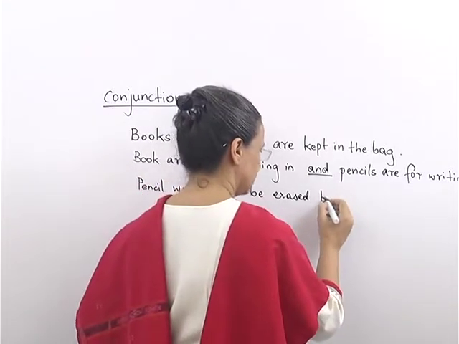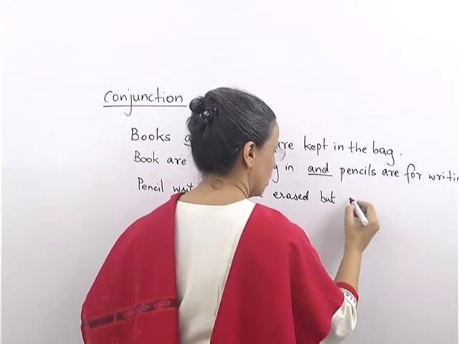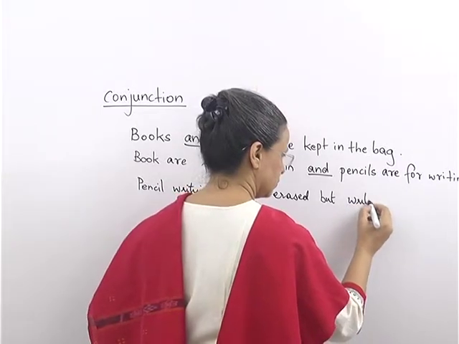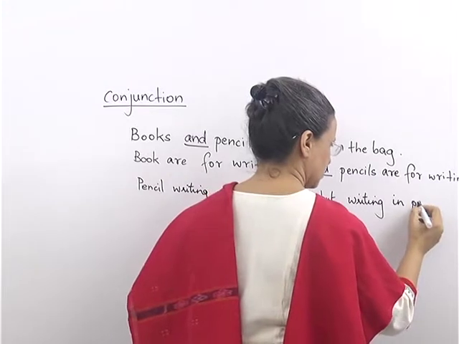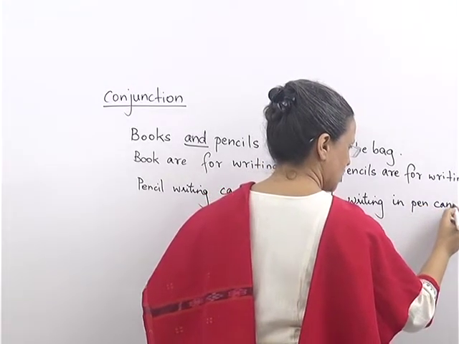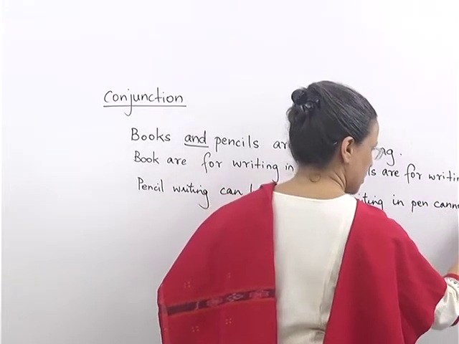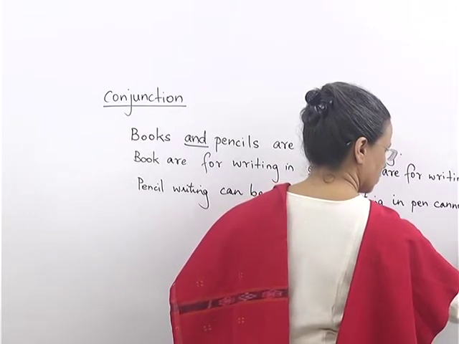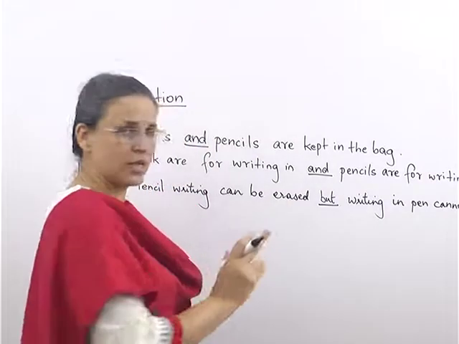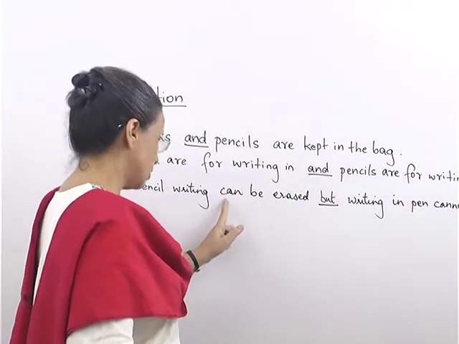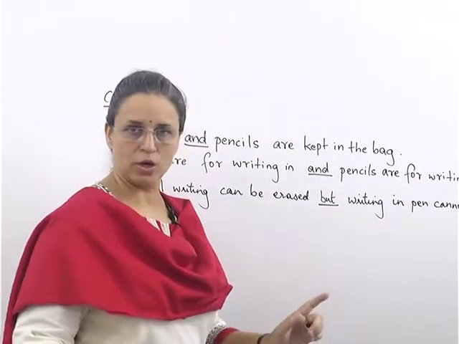But writing in pen cannot be erased. So, here but shows you opposite type of things. That means yes, here you can, but here you cannot.